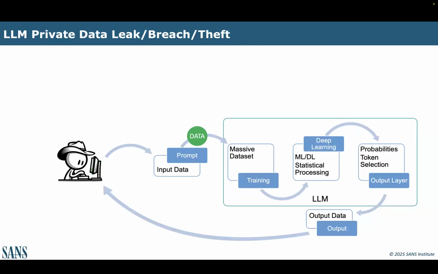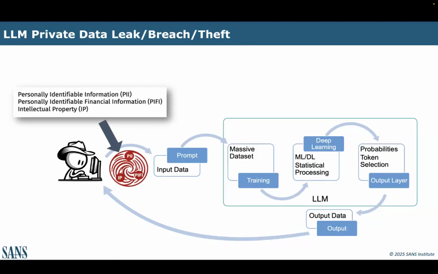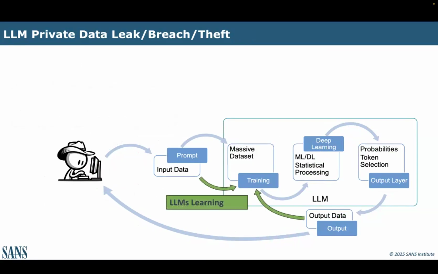So here's somebody who's putting data through an LLM. Don't worry about anything but this big data set. Because if that person is putting in any kind of private financial information, personal information, what have you, and that is one of those learning systems, which all of them are if they're not configured not to be, then what happens is as that data transits the system, that PII is now in the LLM.